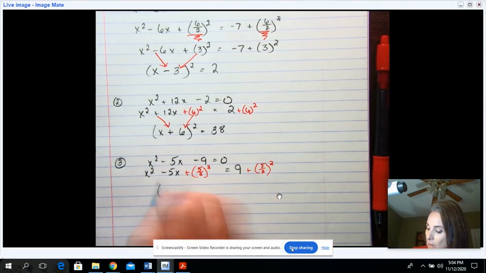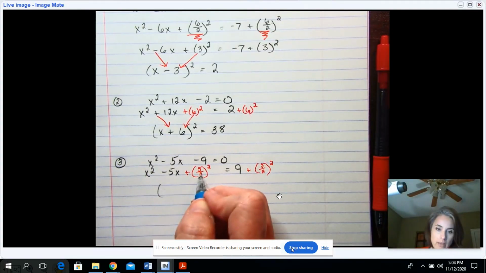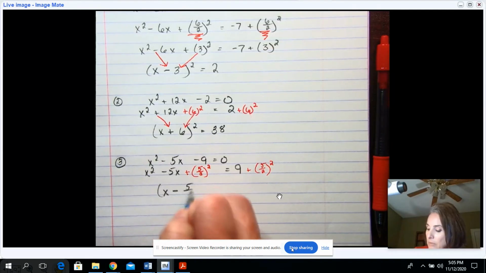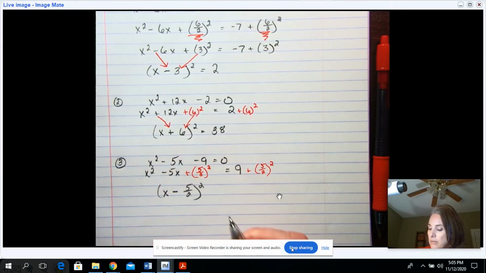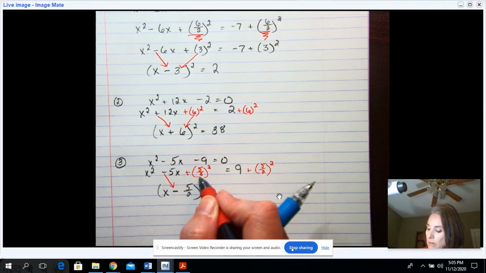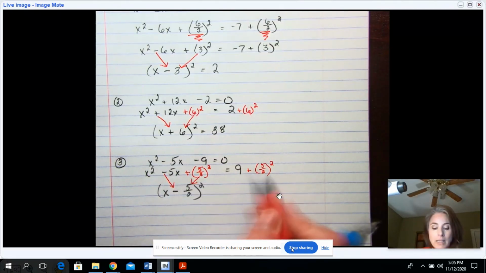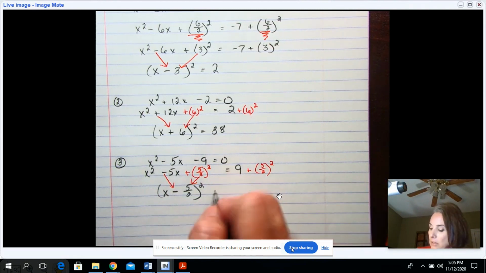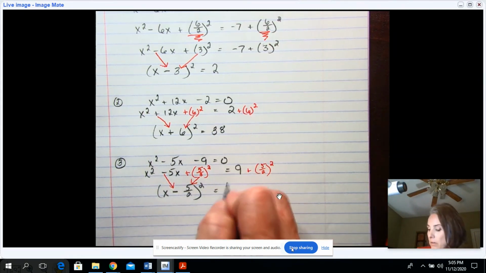So what is that going to factor into? You wouldn't even be able to factor that. You probably wouldn't even know what that is. That's why you should leave it like that. So it's going to be x and then that sign, minus, and then 5 halves squared. So again, use the sign in front of b, use whatever's in the parentheses, and then just put that in your calculator. 9 plus 5 halves squared just gives you 61 over 4.